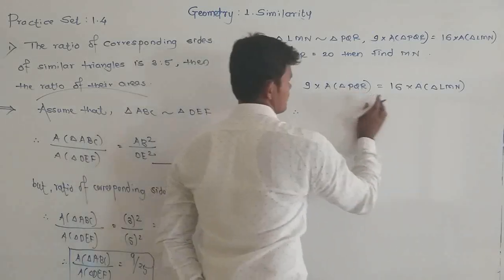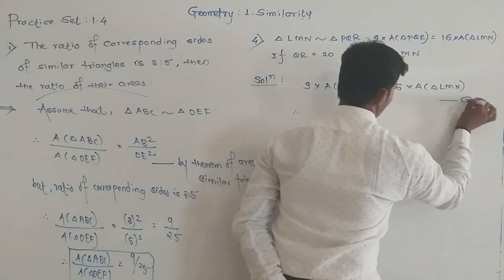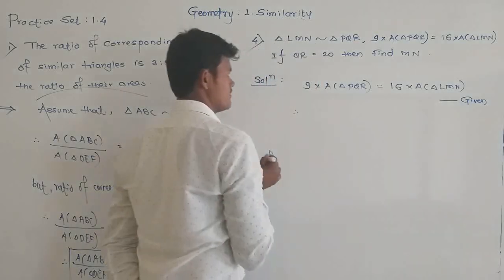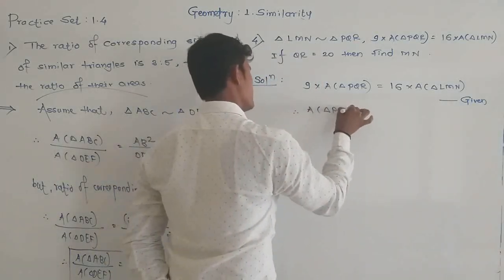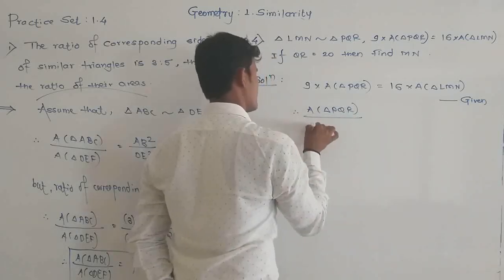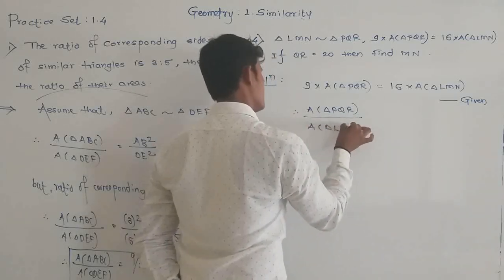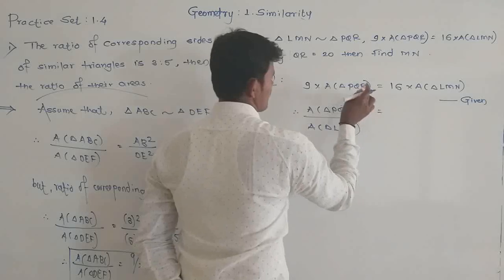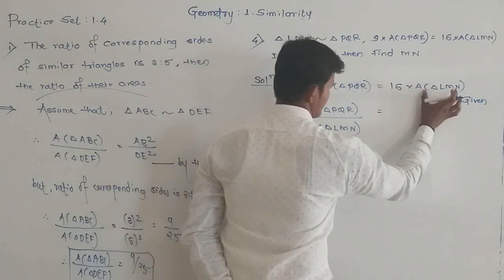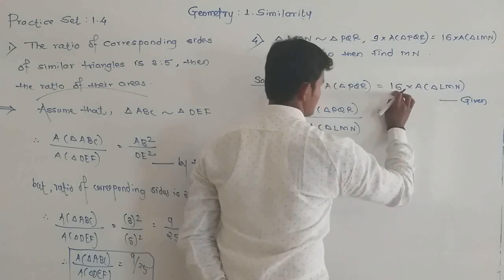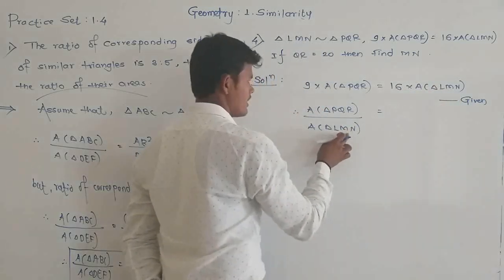From the given statement, we get the ratio of area of triangles. So find the ratio of area of triangle PQR to area of triangle LMN. How? Okay, so area of triangle PQR as it is; the area of triangle LMN is multiplied with 16, so it goes here to divide.